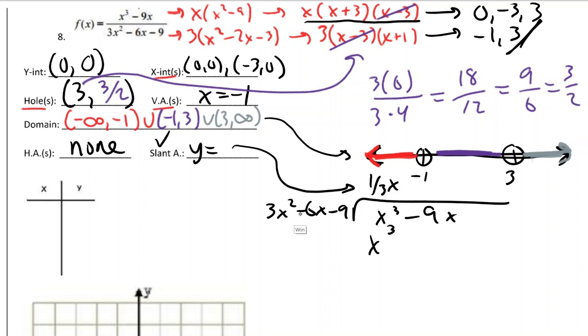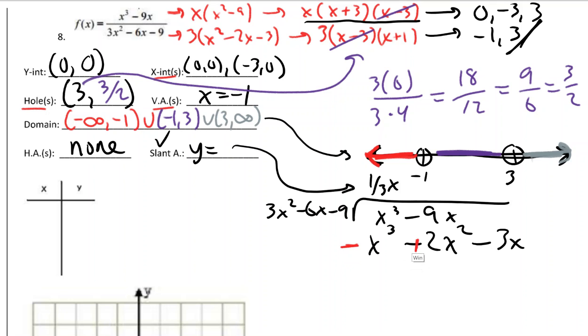Then 1/3 times negative 6x would be negative, see, multiplying by a third is like dividing by 3. So negative 2x squared, and then times negative 9 would be negative 3x. Multiplying by a third is like dividing by 3.